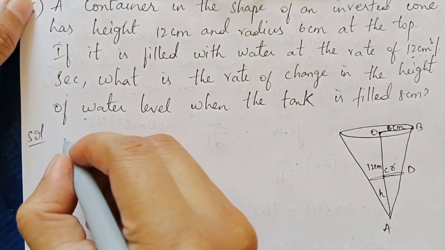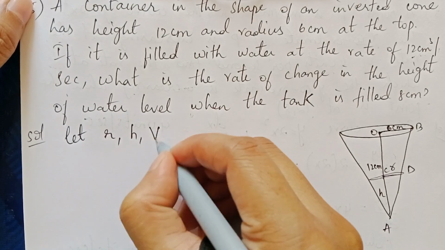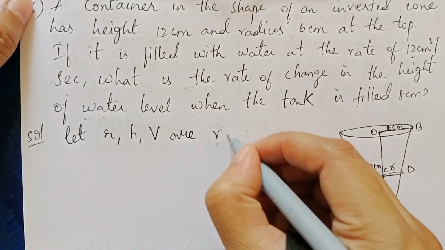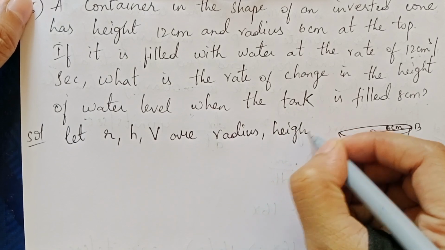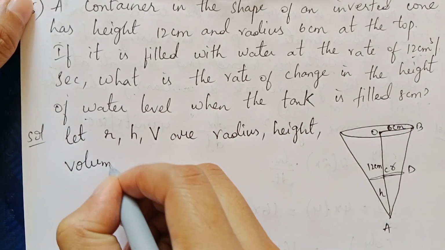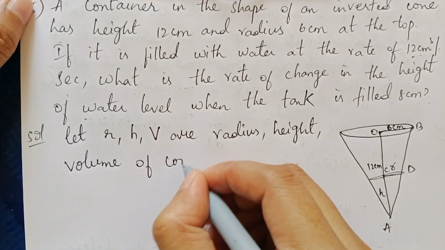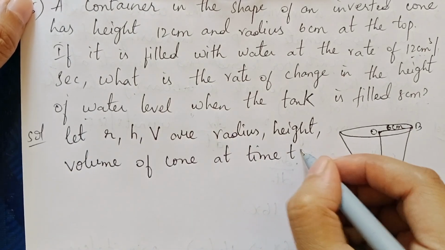Let r, h, V be the radius, height, and volume of the cone at time t.